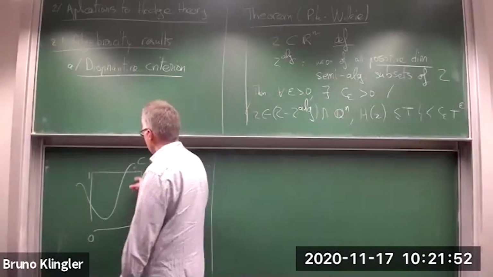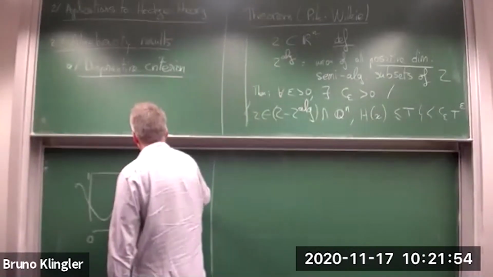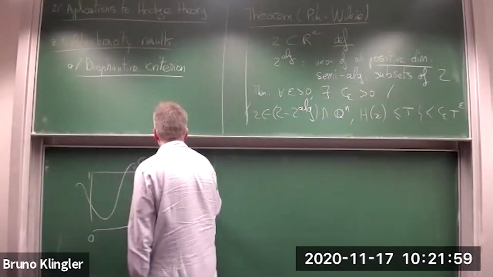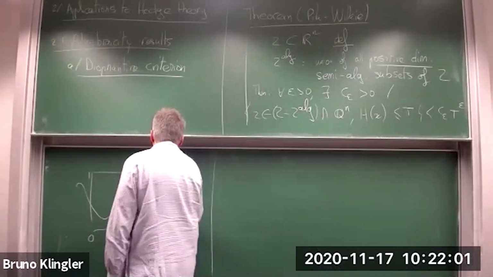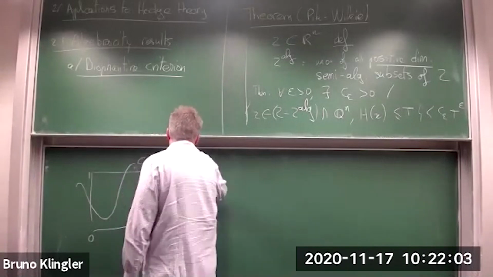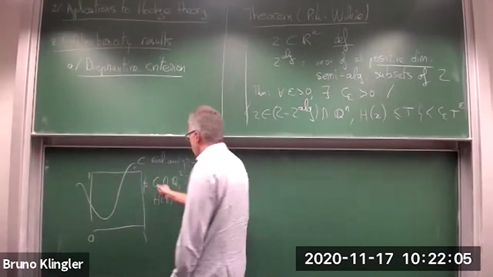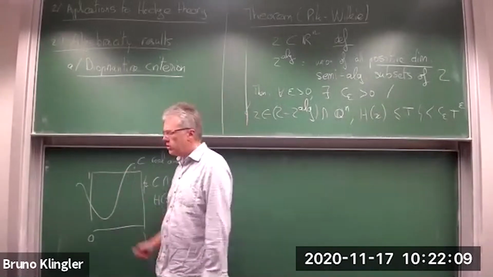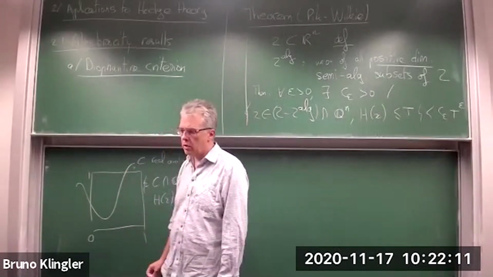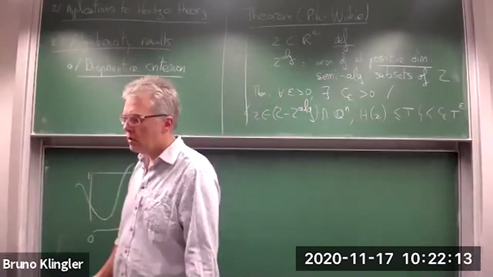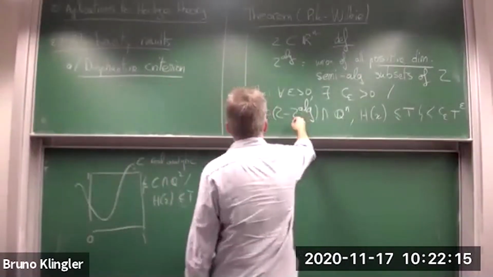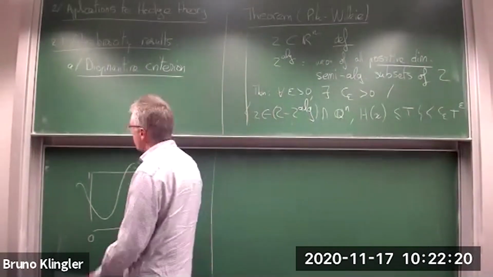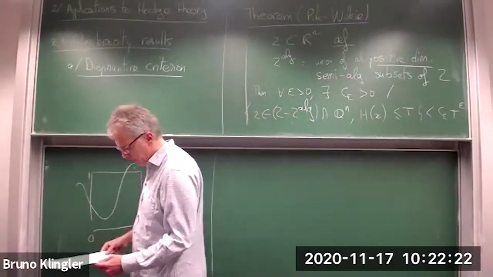The result is that if you take the intersection of C with Q^2, and count the set of points such that the height of z is smaller than T, then if that set is big enough, it grows faster than a polynomial in T, and in fact this curve has to be real algebraic. That's the conclusion. So this is an extremely strong Diophantine criterion to produce algebraic sets.